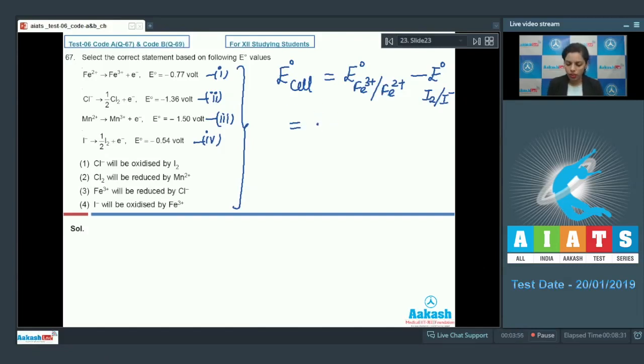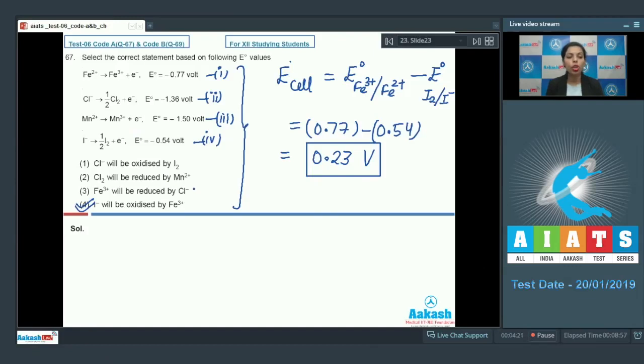For this it is 0.77 minus, for this process it is 0.54. By looking at these reactions we can find these values, and now it is 0.23 volt, a positive value we are obtaining here, and as this value is positive, it means this process is feasible. If you check the rest of the options, you will find out that processes 1, 2 and 3 are not feasible. That's why the only correct statement here is option 4.